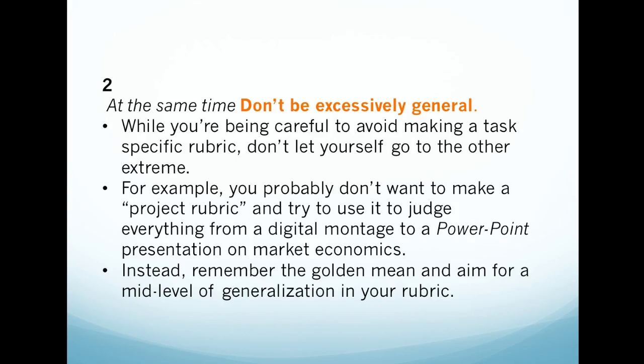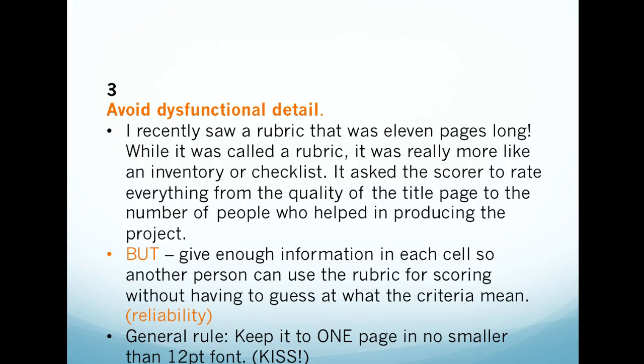Don't be excessively general is the other side of that same coin. Don't be too detailed. It'll kill everybody. And the kids won't understand it. I won't understand it. You probably understand it because you built it, but that's not necessarily a high quality rubric. But give enough information so another person can use the rubric for scoring without having to guess what the criteria mean, and that's the reliability.